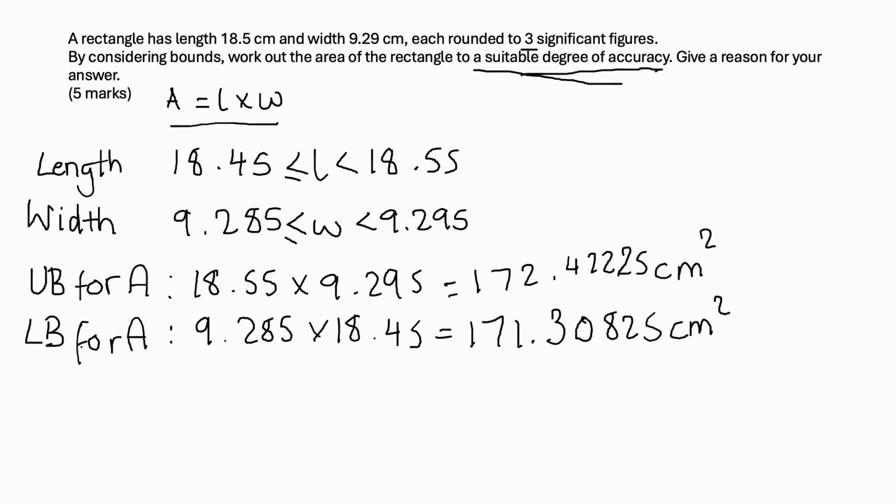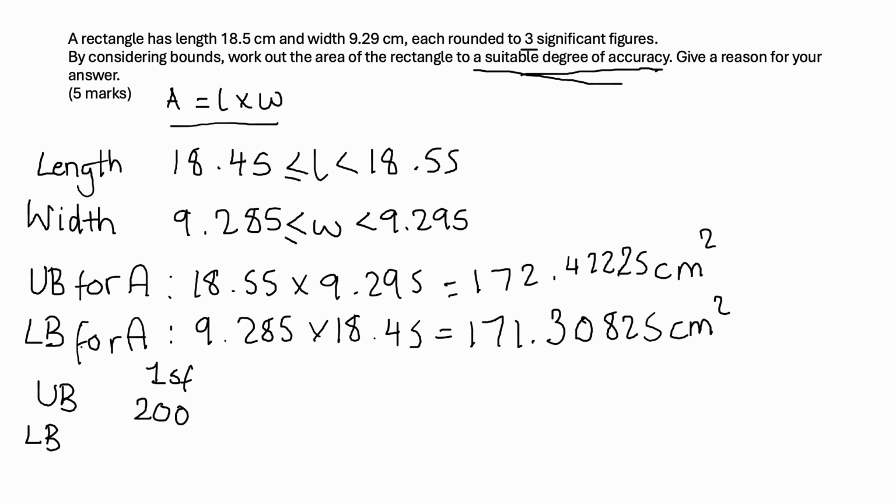So again, as I said, essentially what we're going to do is round both the upper bound and lower bound, and see where it matches. The higher the number of significant figures, the more accurate it is. So let's round the upper and lower bound to 1 significant figure. We round the upper bound to 1 significant figure, we get an answer of 200.